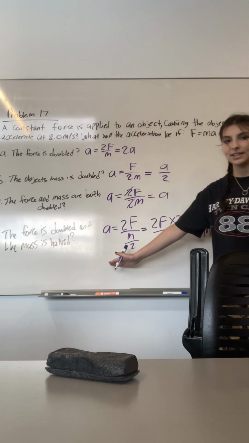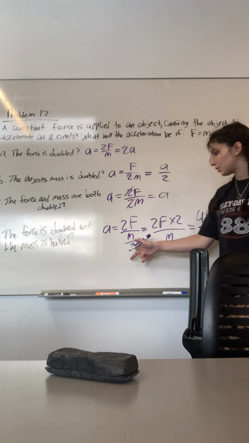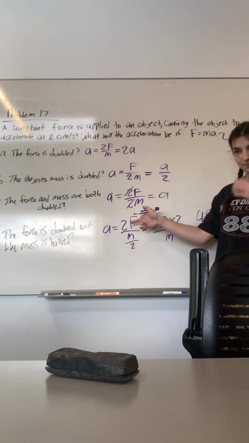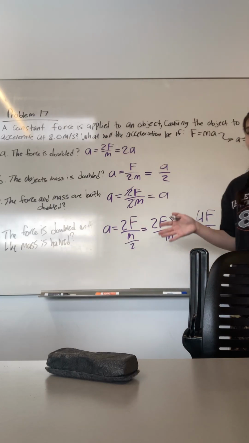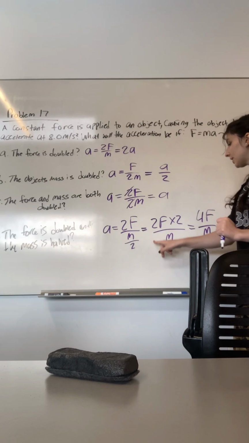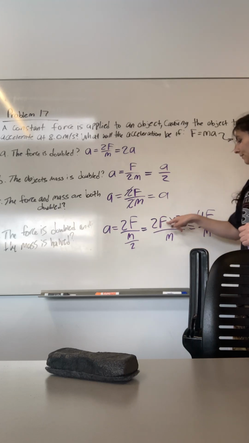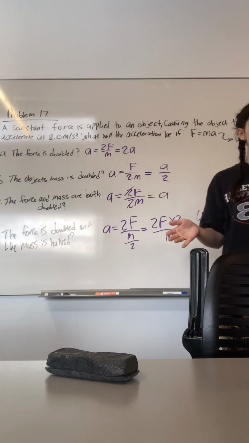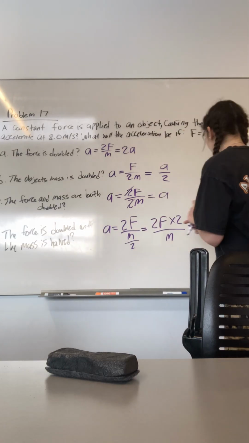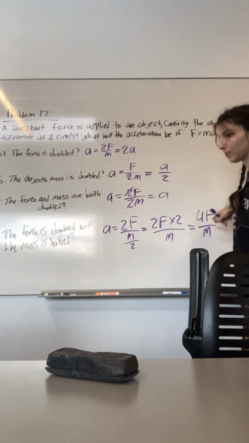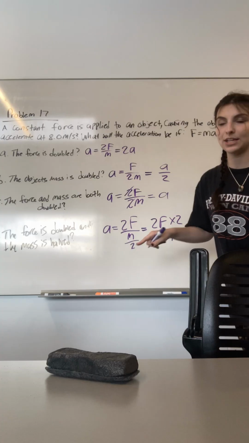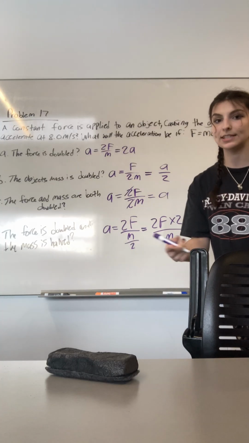All I did in this equation is move that 2 up here. That way it makes the equation easier to solve. So 2F times 2 gets you 4F over M. The acceleration will be 4 times greater, because remember, if the force increases, the acceleration also increases the same way.